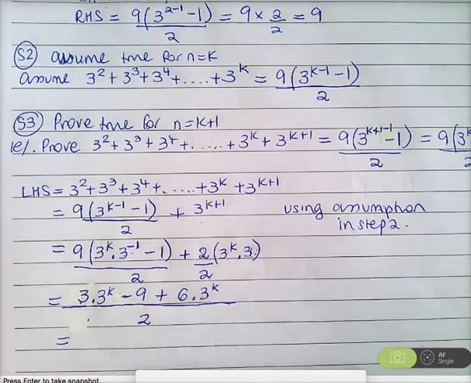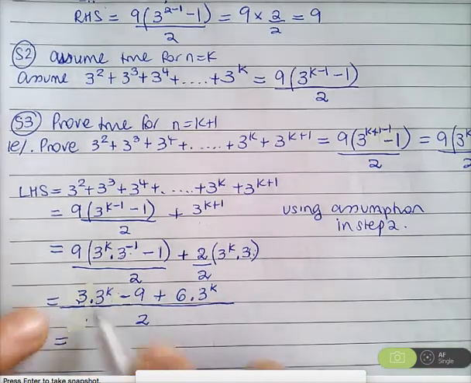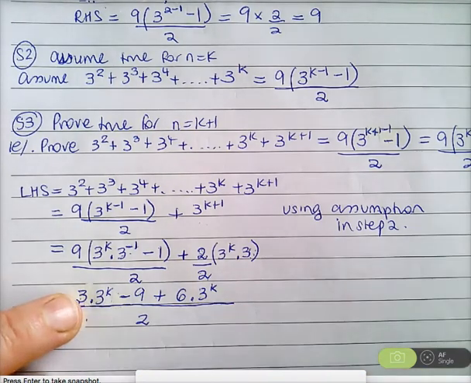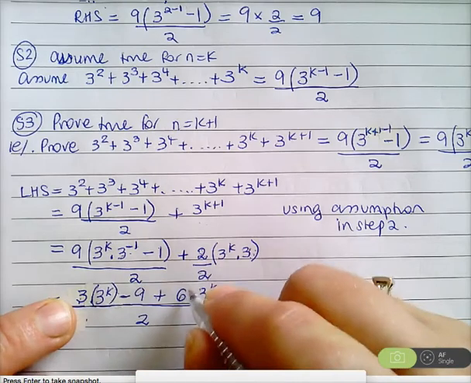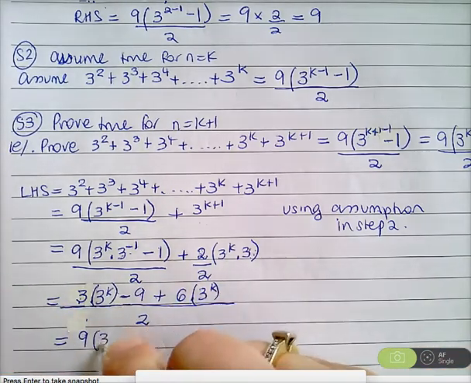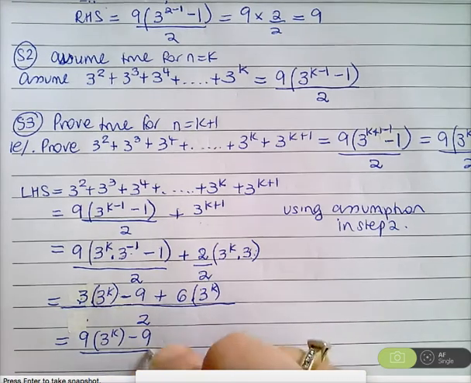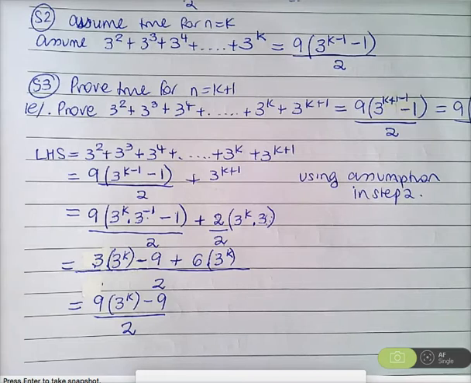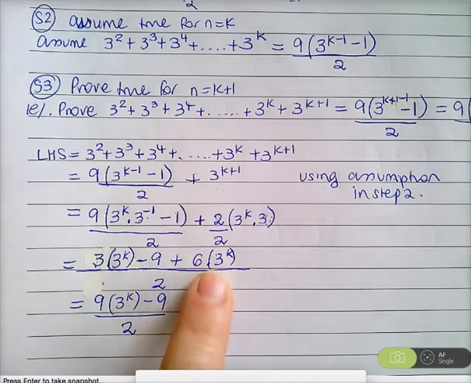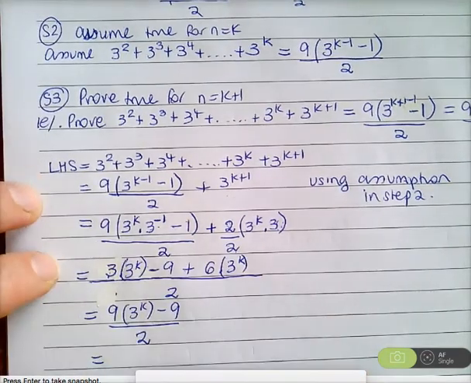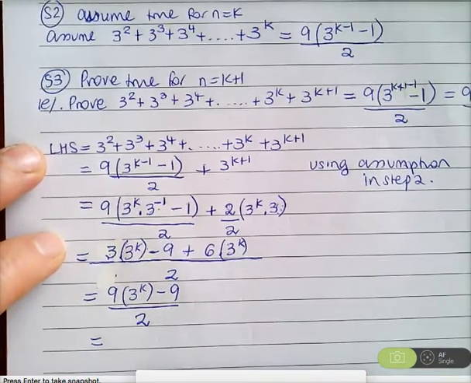What do we get here now, girls? You can see it's coming together. You've got 3 lots of 3^k plus 6 lots of 3^k. So I can put those in brackets, which is 9 lots of 3^k, minus 9 over 2. See, it's 3 times 3^k, which is 3 lots of 3^k, plus 6 lots of 3^k. So therefore now what can we do? No, it's not minus 3.